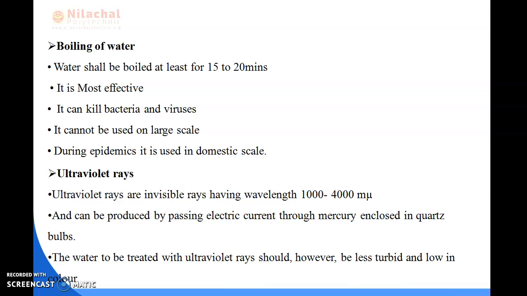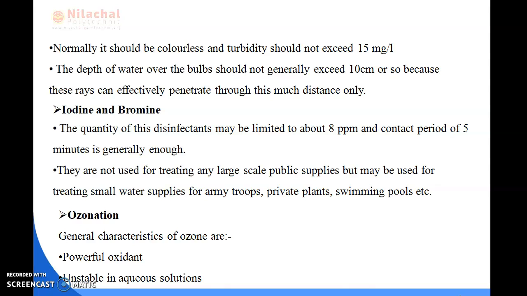So next is ultraviolet rays. Ultraviolet rays are invisible rays having a wavelength of 1000 to 4000 angstroms, and these rays can be produced by passing an electric current through mercury enclosed in quartz bulbs. The water to be treated with ultraviolet rays should be less turbid and low in color, and normally it should be colorless.